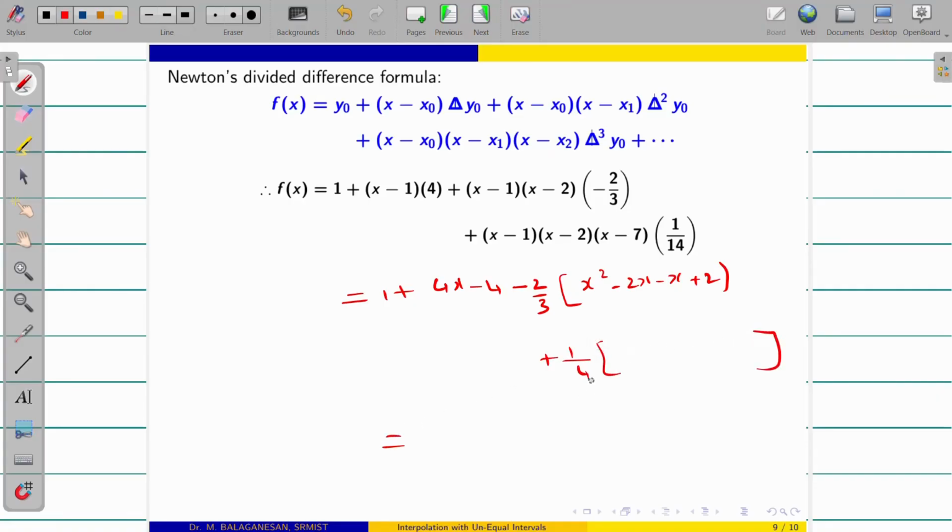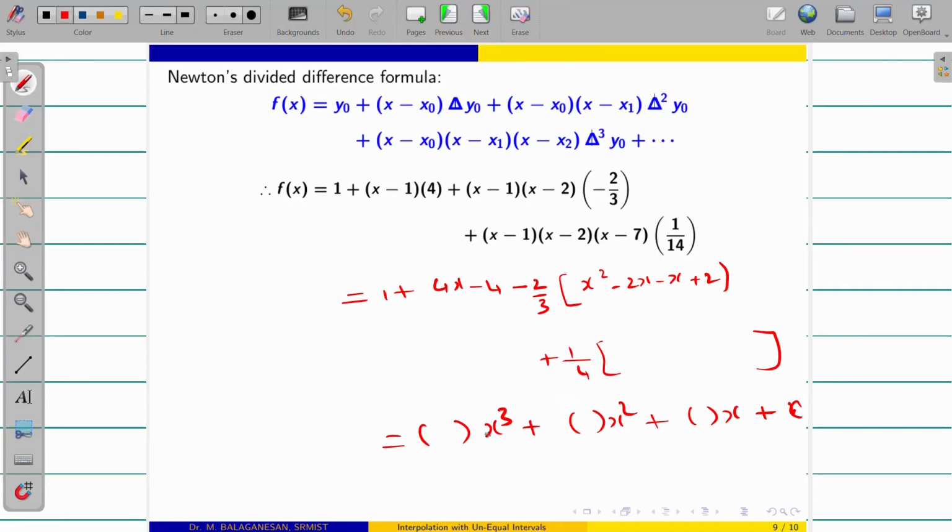If there is any common term, you can take it, or you can write 2 by 3, 1 by 4 as a fraction itself, because we are going to use a calculator alone. If you are multiplying, some coefficient will be there for x cube, because the highest term is x cube, and then some constant into x square, and then some constant into x, it may be plus or minus depending upon the coefficient I am going to get, and plus the constant term. So this is what you have to do.